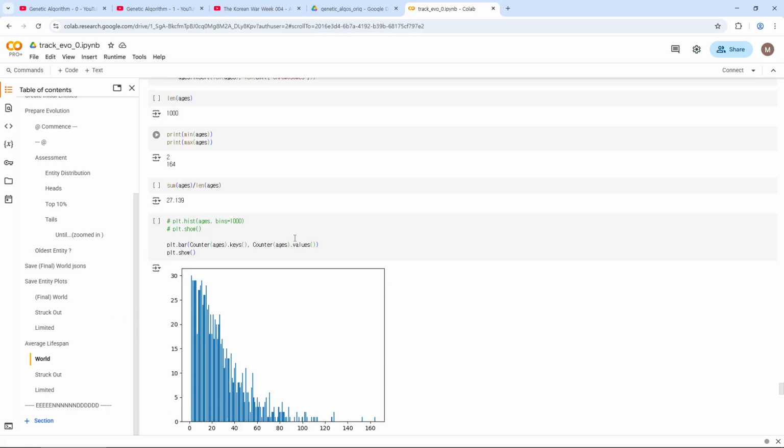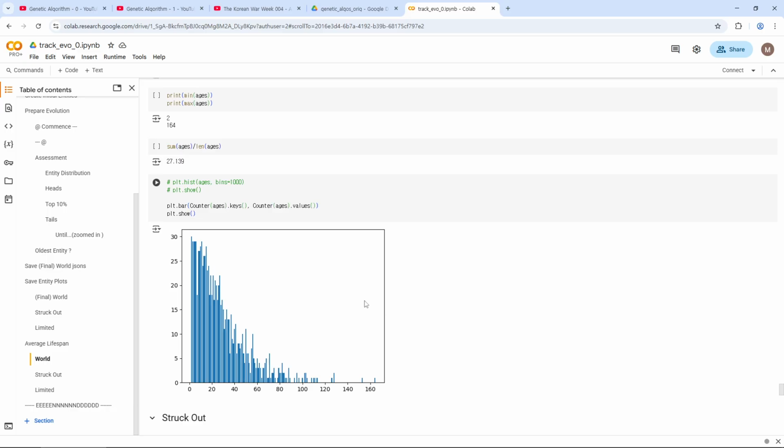So that's that. And here's the distribution of the ages. You can see it's quite skewed to the right. Well, not exponential, but almost like a log normal distribution.